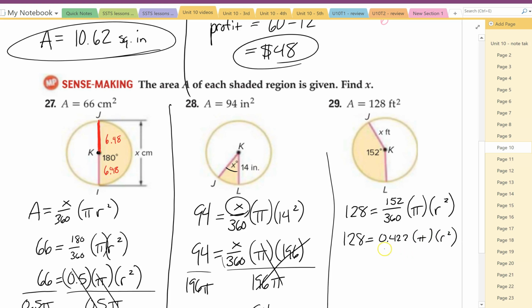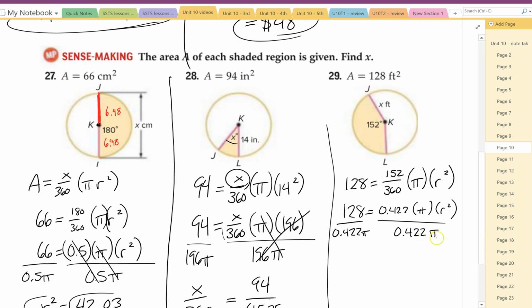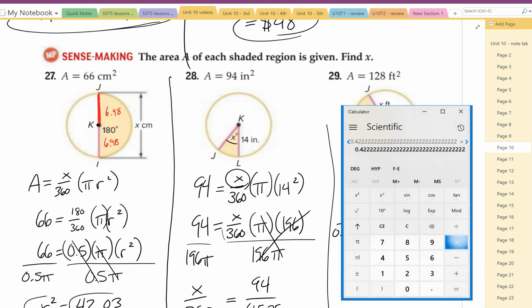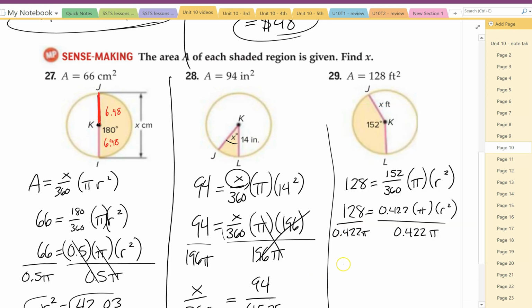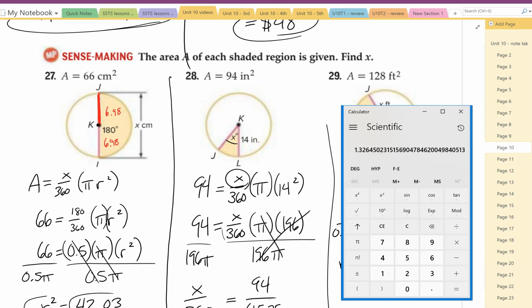Okay, I'm going to divide on both sides by 0.422 pi. To do that, I need to know what number I can use for 0.422 pi. So I'm going to take this and multiply it by pi. I get 1.33. So r squared, right, because these two are going to go away. So r squared is equal to 128 divided by 1.33.